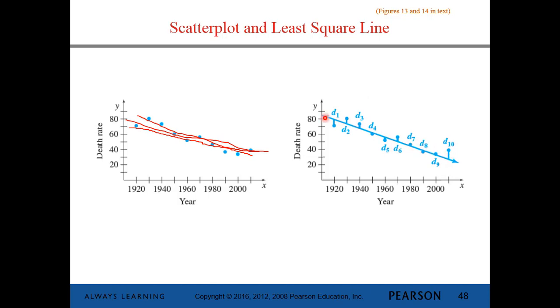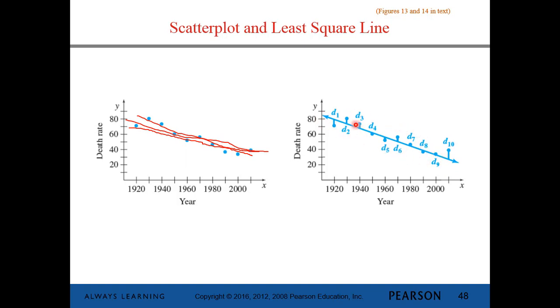Well, here's where the least squares line comes in. What we want to do is find the line, plot a line, that makes the overall distances the smallest. In other words, we want to minimize the overall distances.